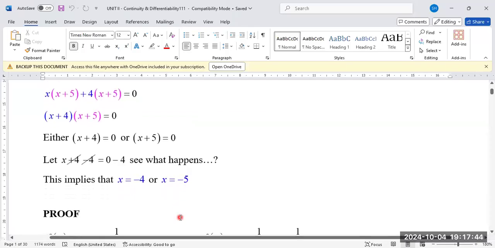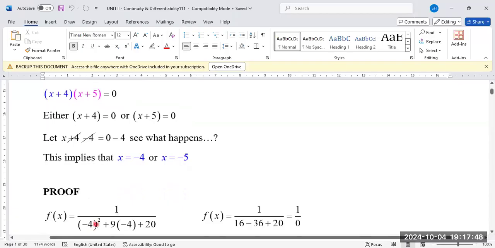Proof? When I substitute negative 4 into the function, I'm going to get negative 4 squared is 16. See? I raise a negative number to an even power, the answer is positive. And 9 times negative 4 is negative 36 plus 20. 16 minus 36 is negative 20. Negative 20 plus 20 is equal to 0.